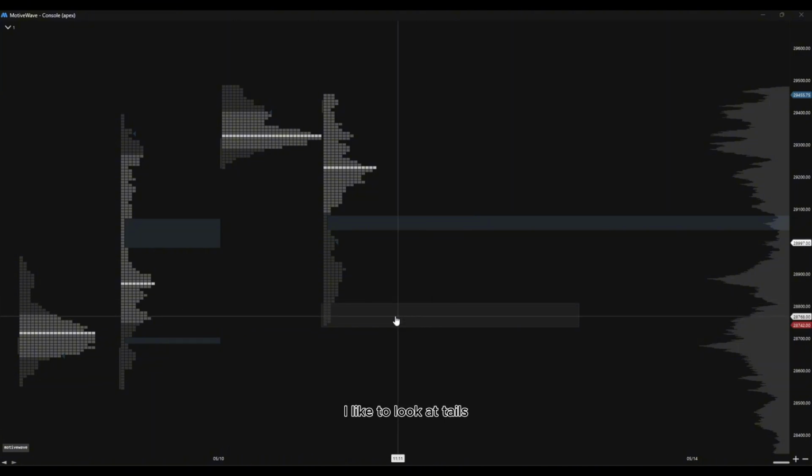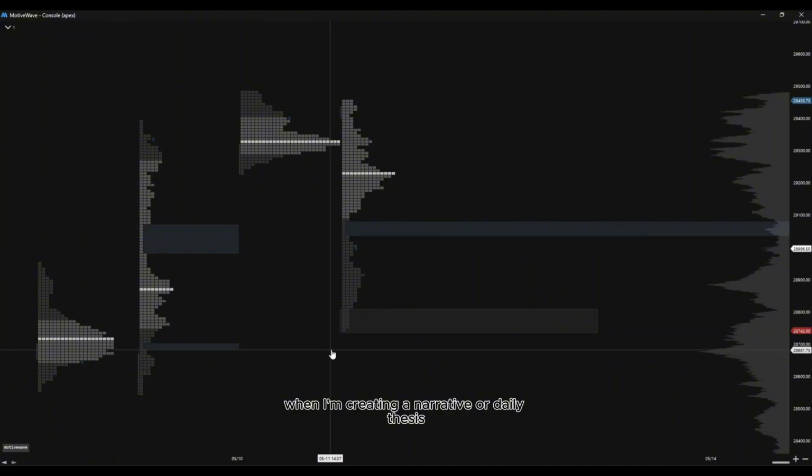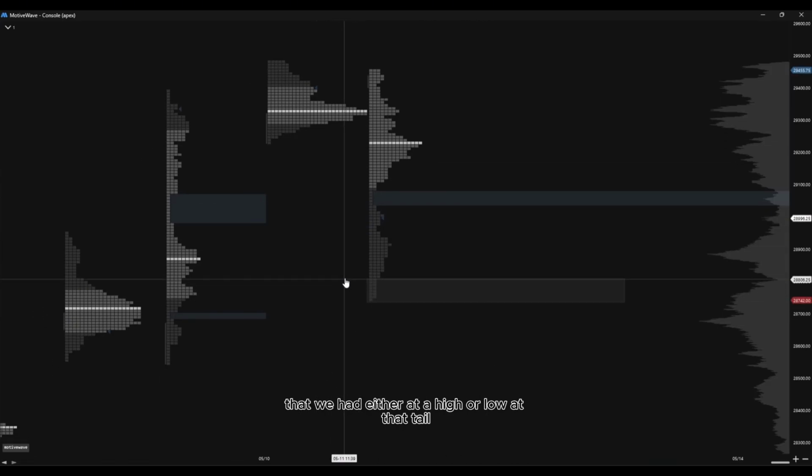I like to look at tails when I'm creating a narrative or a daily thesis, showing that the aggressiveness or the participation that we had either at a high or low at that tail should be repeated once we approach that level again.